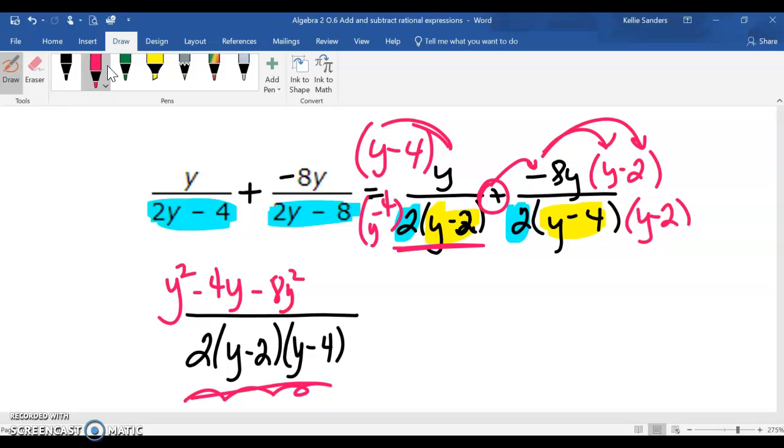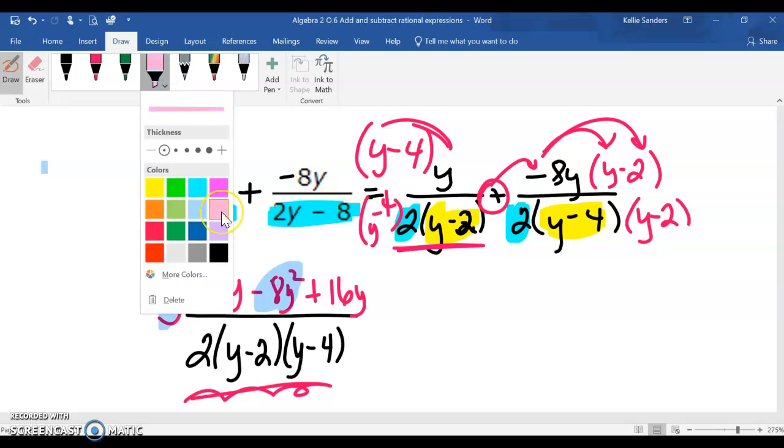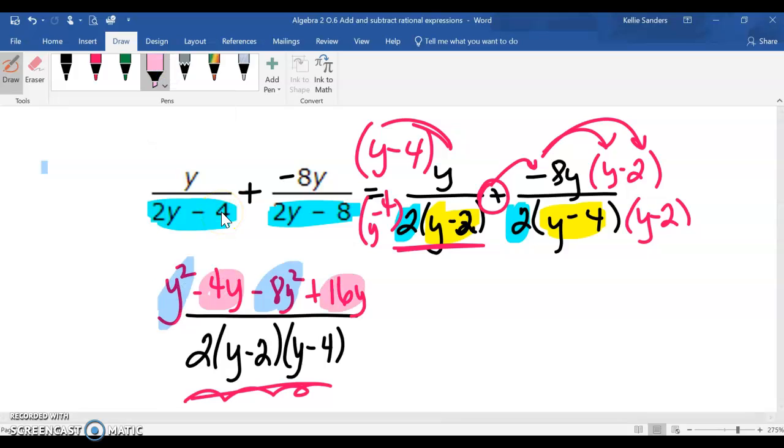Negative 8y times negative 2 is positive 16y. Combine like terms. So that would be negative 7y squared plus 12y.